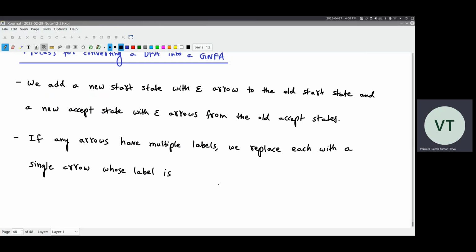The union of these labels, right? So for instance, if I have some arrow labeled A, B, then I'll replace that with A union B. And it need not be just A, B, they can be regular expressions as well. So if there is R1, R2, then we will replace it with R1 union R2. The arrow's label is the union of the previous labels.